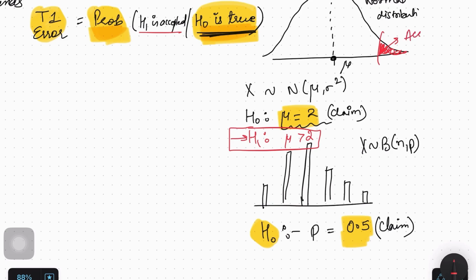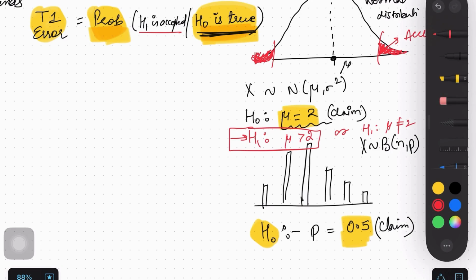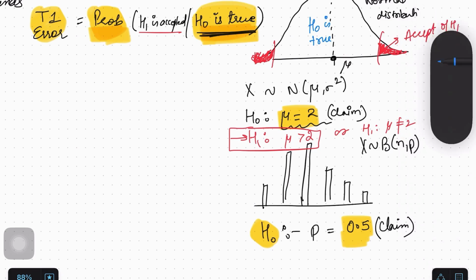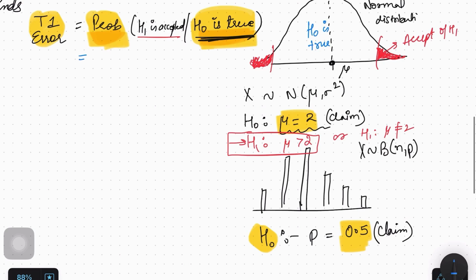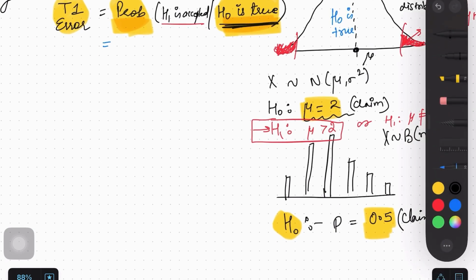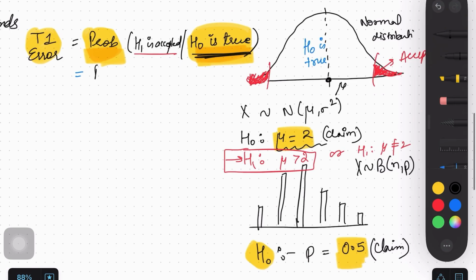However, what's the meaning of H1 is accepted? When you say the condition is on H0, the H0 is true, that means it is for sure your data is following this graph. So if your data is following this graph, and the alternative hypothesis, let's say, is mu greater than 2, then which part of the graph shows it? Because the graph is based on the null hypothesis, there are very few chances that the alternative statement will be true.